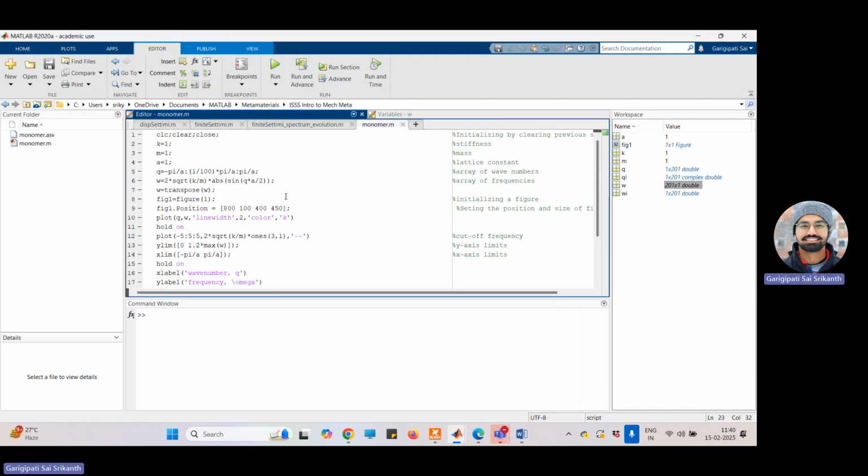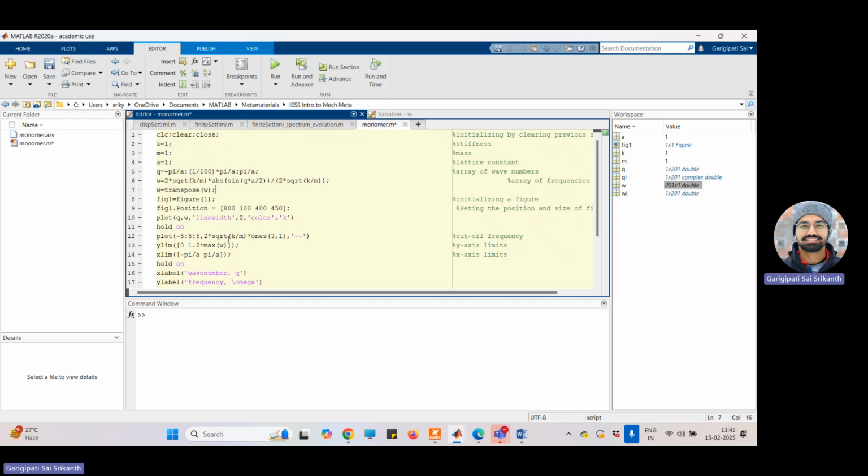So if we do that, we normalize it here. Cutoff frequency is 2 square root. Yeah, so we've normalized omega.